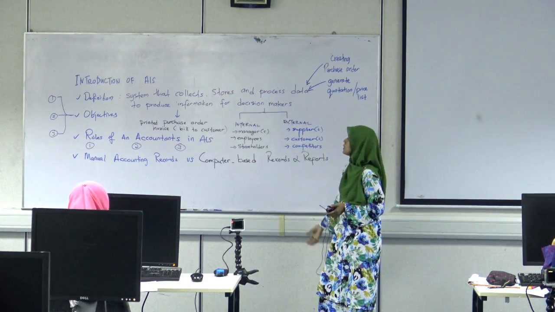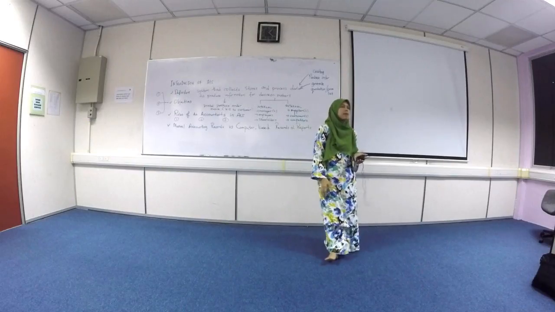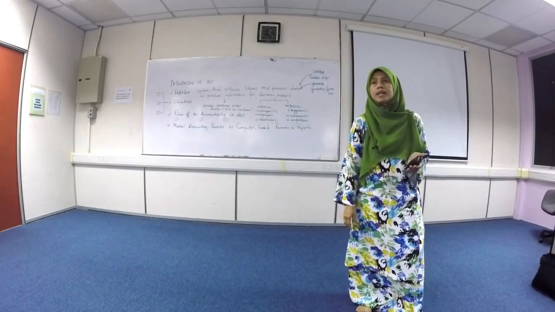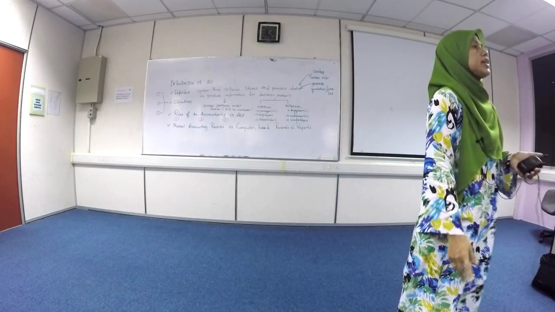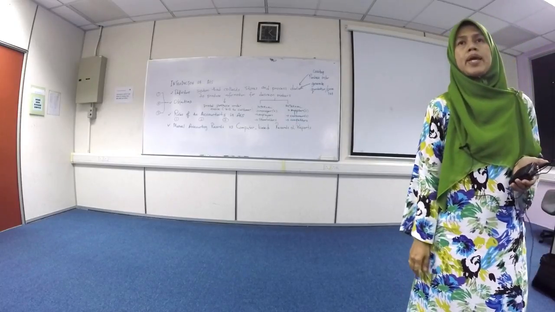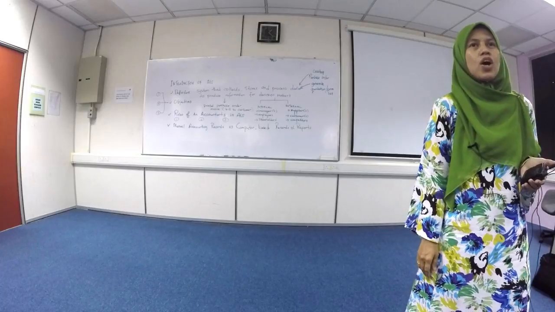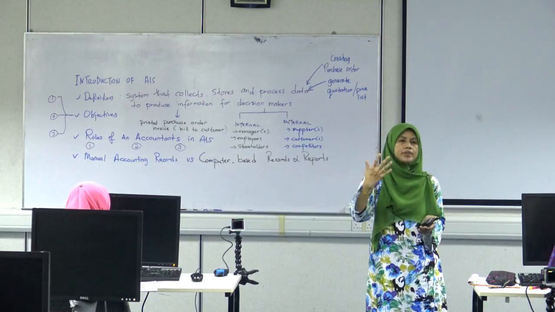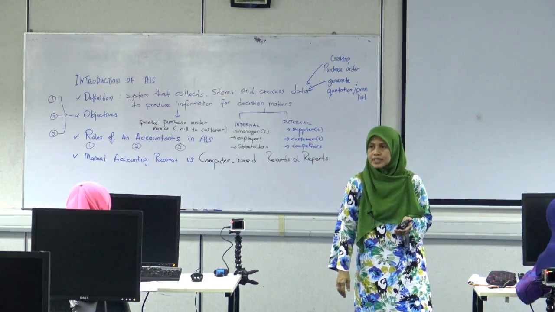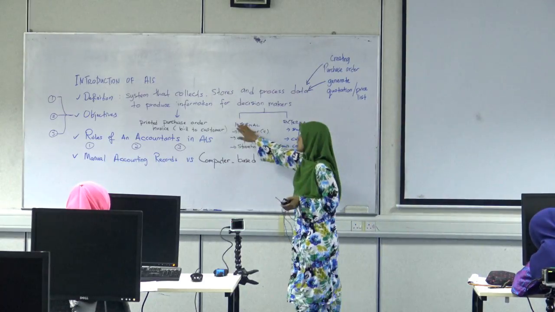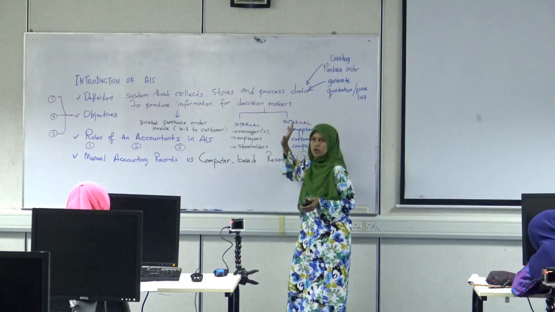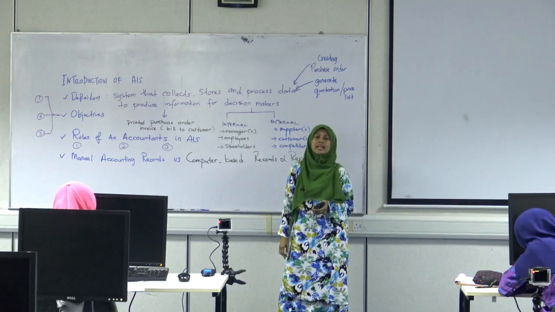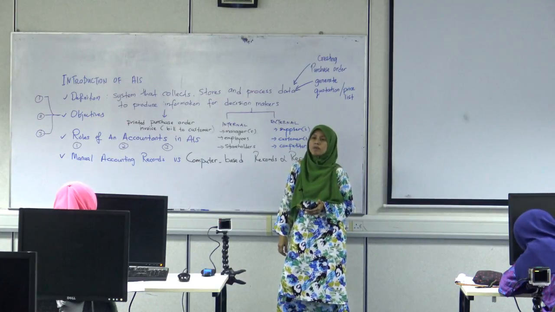If the customer is interested to buy some goods from you, and that particular customer is totally new, the manager might think of whether the customer should pay immediately or should be given a credit term, maybe 14 days of credit, because the consideration is based on the information provided. So that's why when we talk about accounting information system, we are talking about accounting nature of information.